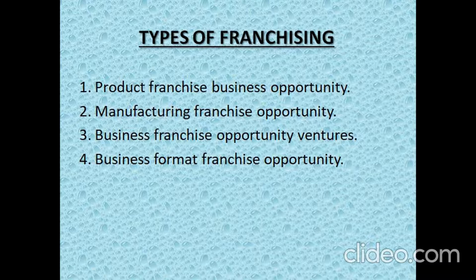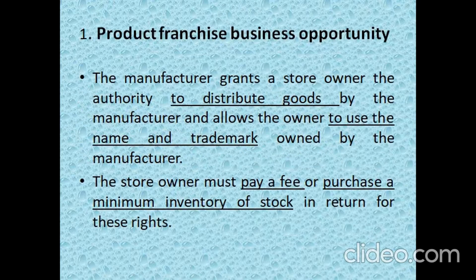Individually we'll see all four of them. The first one is product franchise business opportunity. Very simple. In this, the manufacturer allows the retailer to distribute the goods and use his name and trademark. Only these two things. The retailer is using the name and trademark of the manufacturer and distributing the goods, and he has to pay some fees and purchase some minimum inventory.